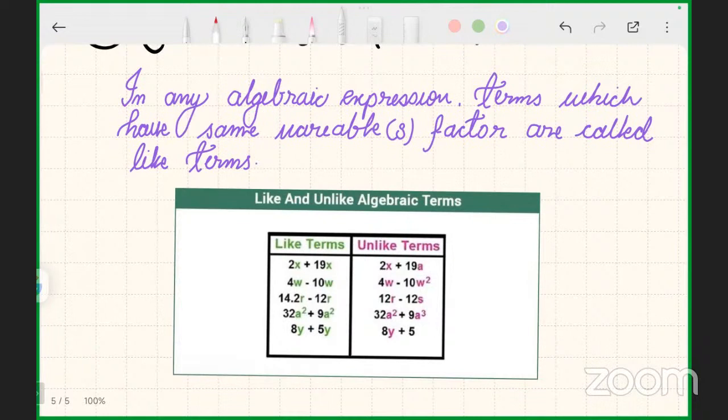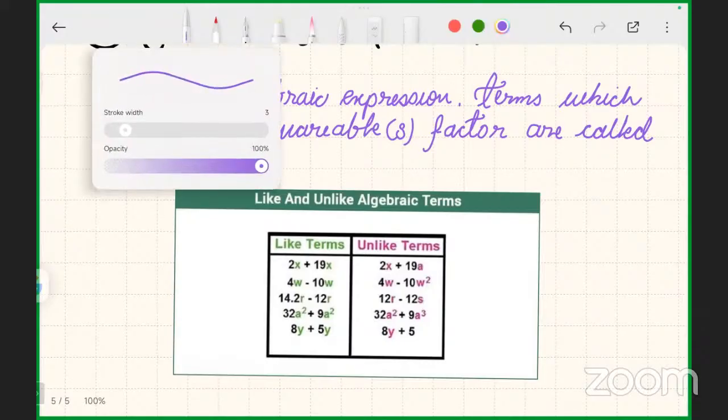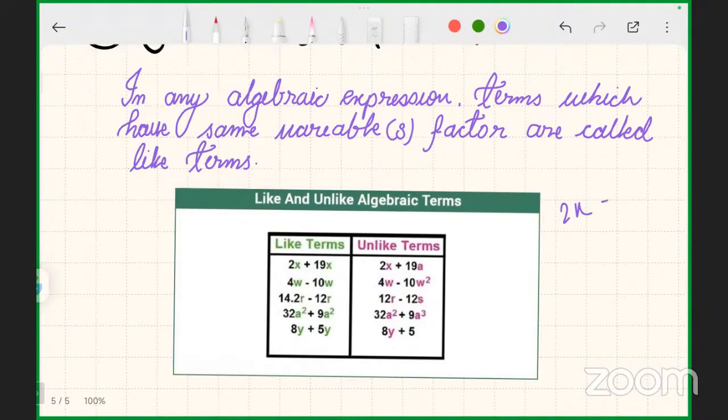So are you getting what is happening right here? If you have the same variables, you take out the factors. Let's say for 2x plus 19x, this is one term. I'll take out the factors for this one.